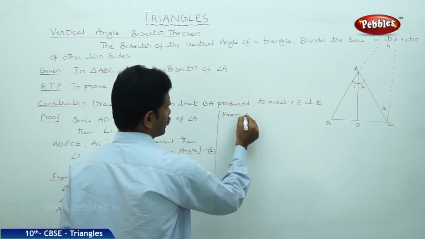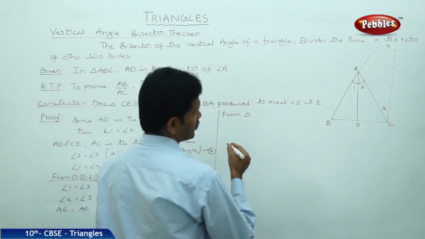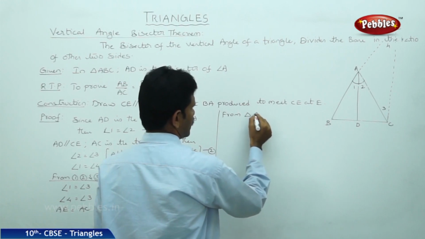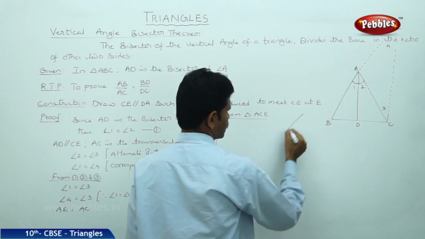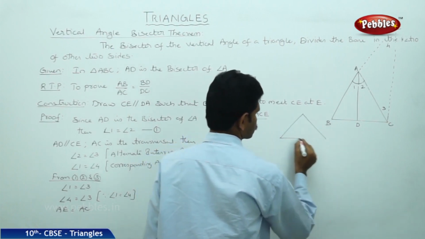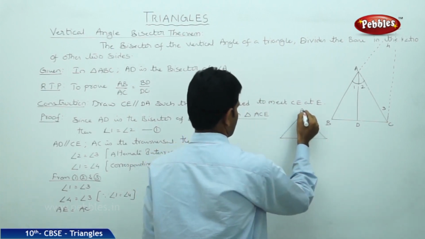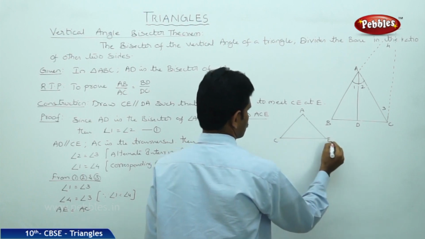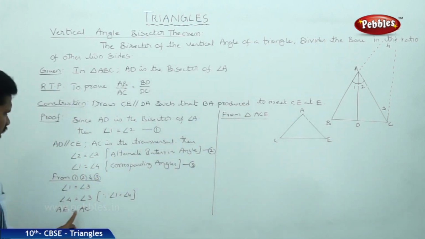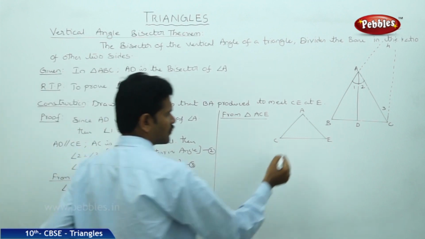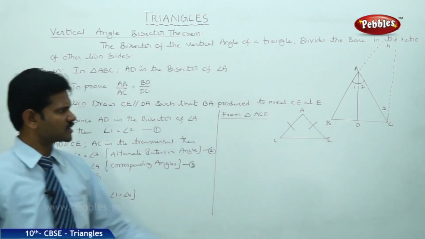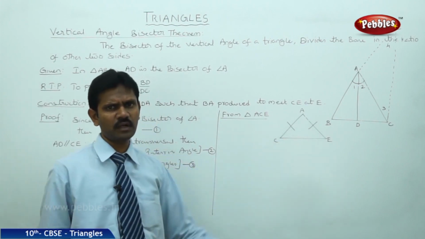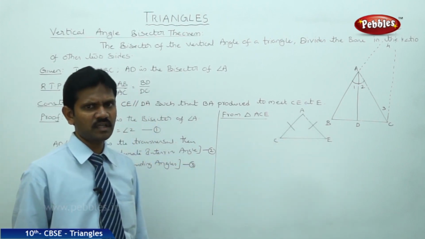From triangle ACE, AE equal to AC. A triangle in which any two sides are equal is called an isosceles triangle.